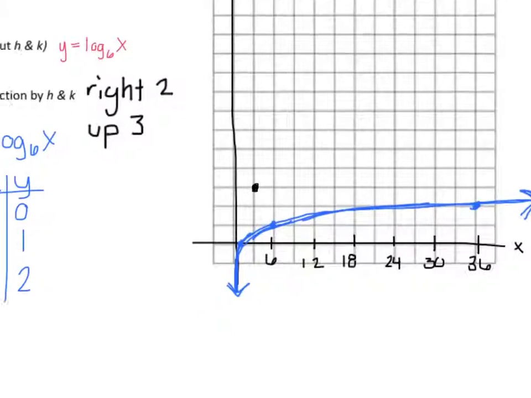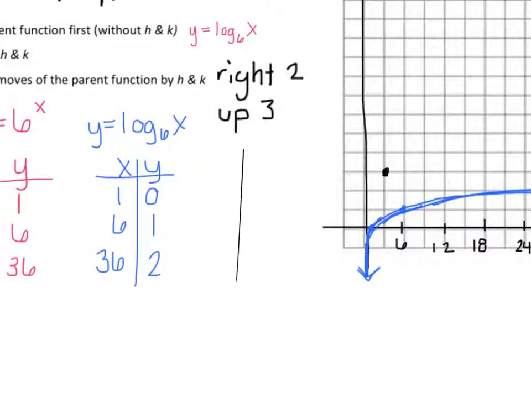Okay, if you want to map it out on a chart here, just add 2 to the x, so that would be 3. Add 3 to the y, so 3, 3. Add 2 here, add 3 here, so that'd be 8, 4. Add 2, add 3, so 38, 5.